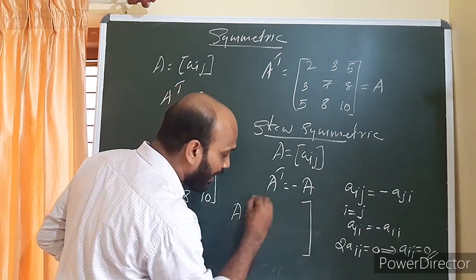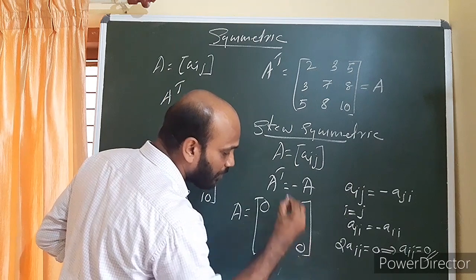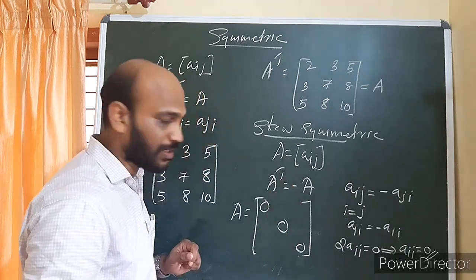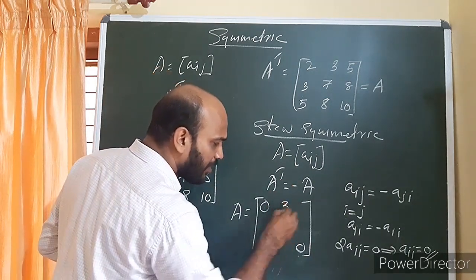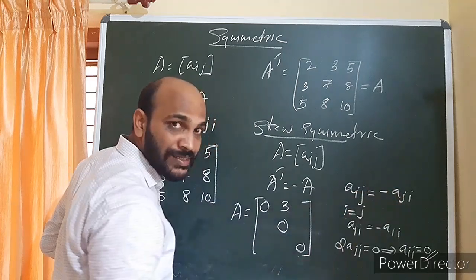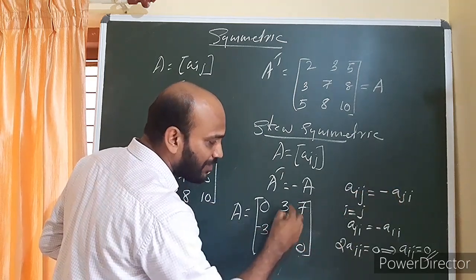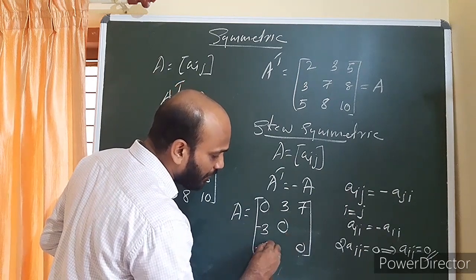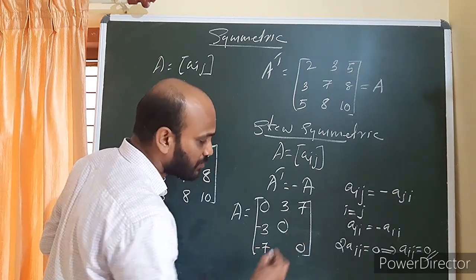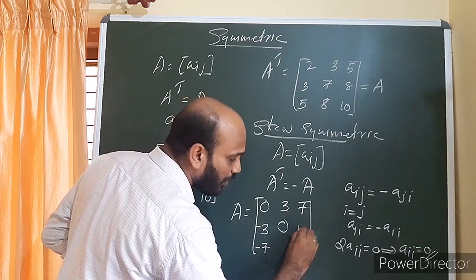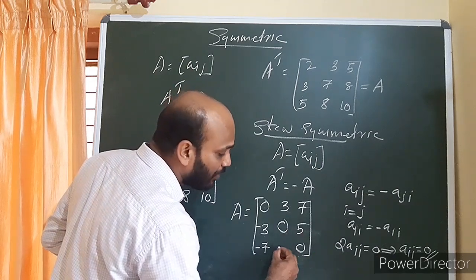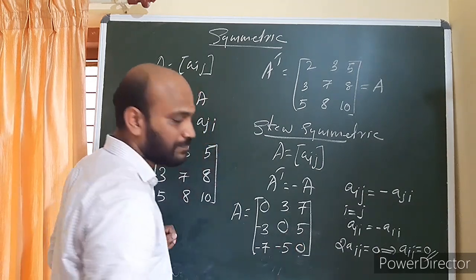First diagonal element should be 0. Then only we will get a skew symmetric matrix. Suppose the element is 3, Aij should be equal to minus Aji, so this will be minus 3. Suppose A13 is 7, so A31 should be minus 7. Suppose A23 equal to 5, then A32 will be minus 5.